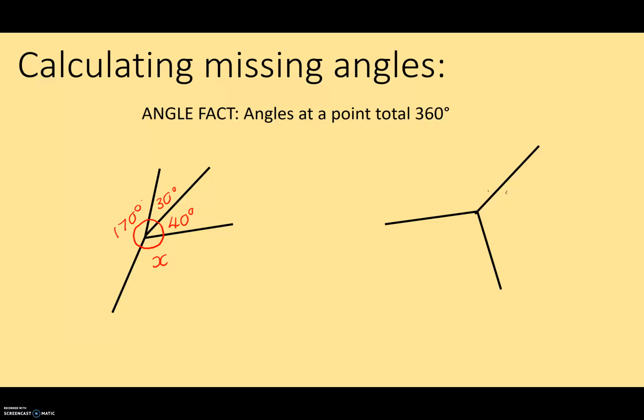To work out what X is, I'd have to say what's missing to make it all 360 degrees. And to do that, I'd work out what I've got already. So I've got 170, 30 and 40. If I add those up, I can see that I've got 240 degrees so far.